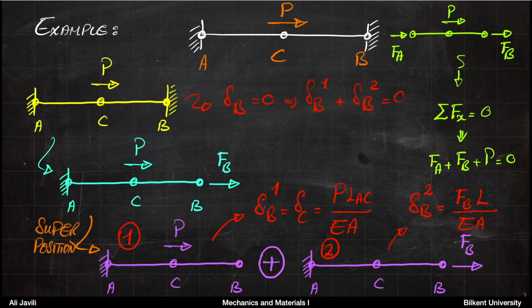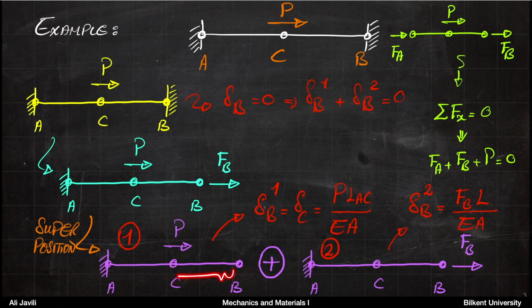Now, it's very simple to calculate the displacements, of course. For the first system, delta B, so delta B1, is the same as delta C because between B and C you have no additional force. So whatever displacement you get at point C, it would be the same at point B. So if it deforms by 2 centimeters towards right, this would go also 2 centimeters towards right.